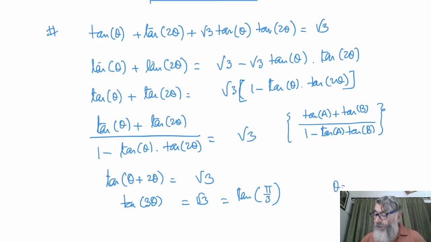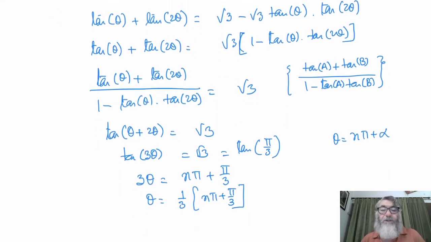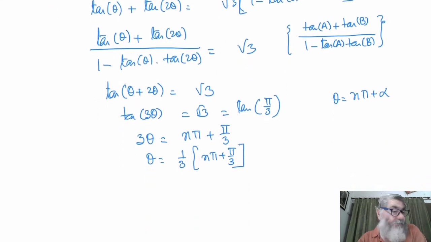Theta becomes n pi plus alpha. So here 3 theta will be equal to n pi plus pi by 3, or theta will be equal to 1 upon 3 times n pi plus pi by 3. This is your general solution for this kind of equation.